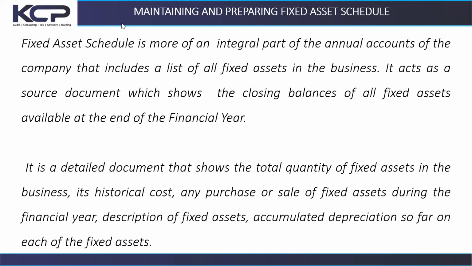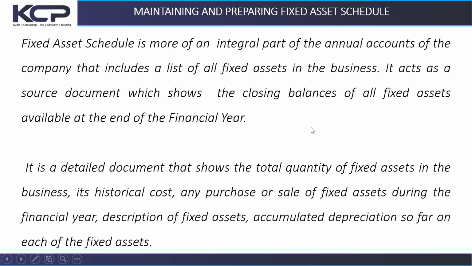It is a detailed document that shows a total quantity of fixed assets in the business, its historical costs, and any purchase or sales of fixed assets during the financial year. Description of the property, plant and equipment, and accumulated depreciation relating to the fixed assets.